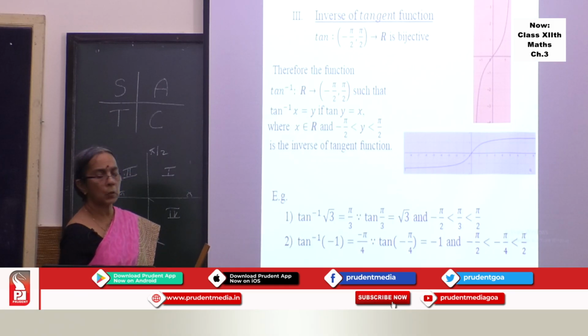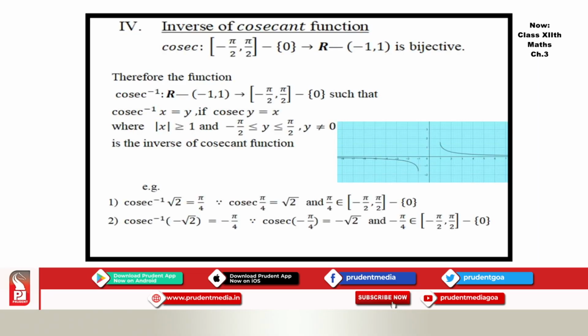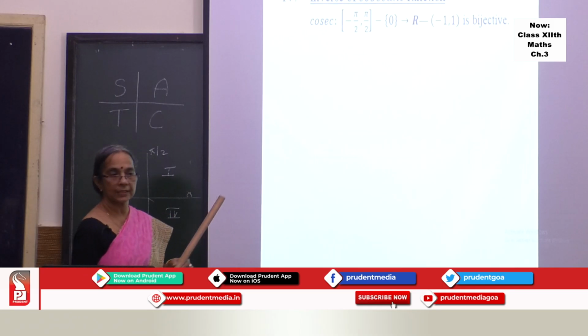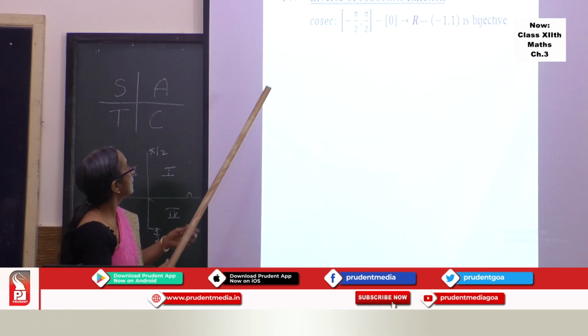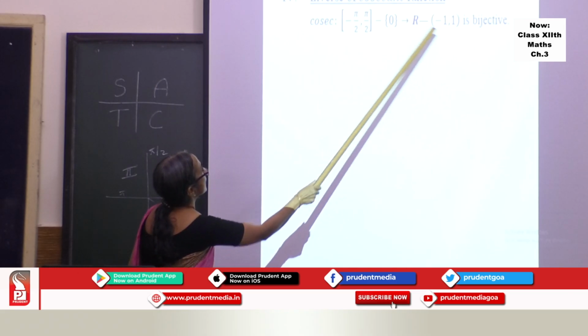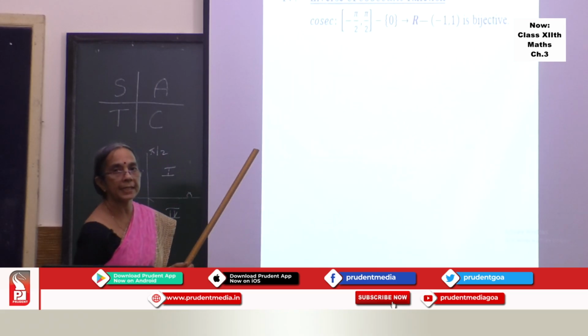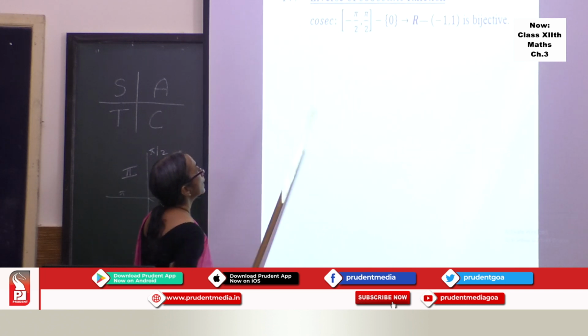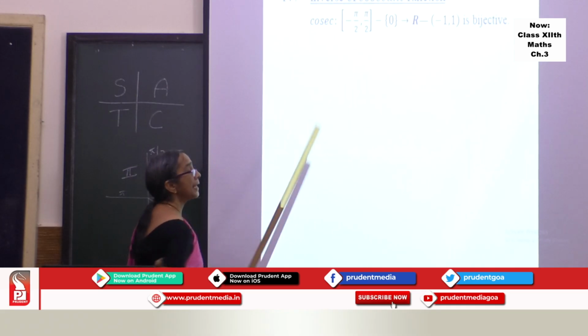Now, let us go to the next inverse trigonometric function, which is the inverse of the cosec function, which is the reciprocal of the sine function. The cosec function is bijective if the domain is the closed interval minus pi by 2 to pi by 2, minus 0.